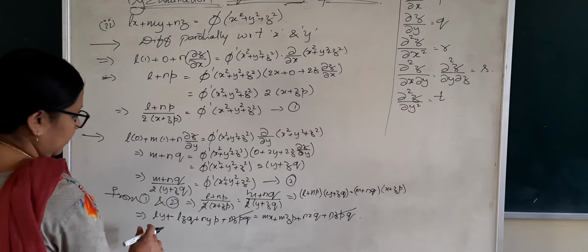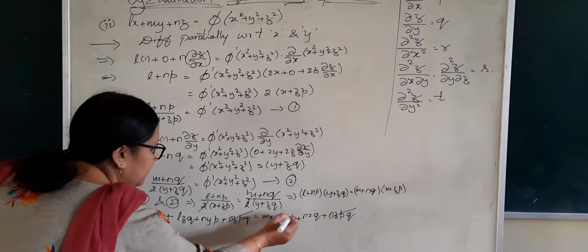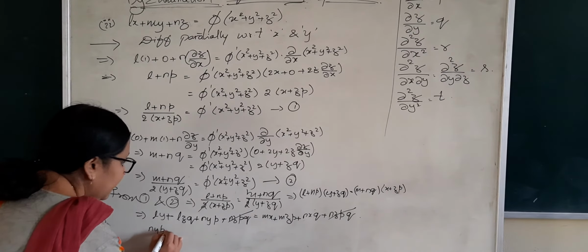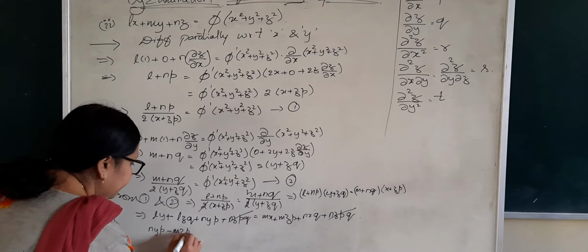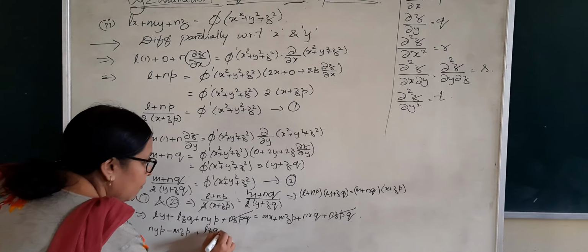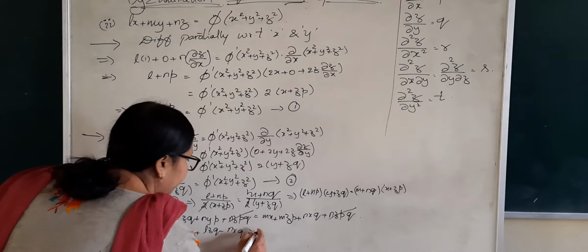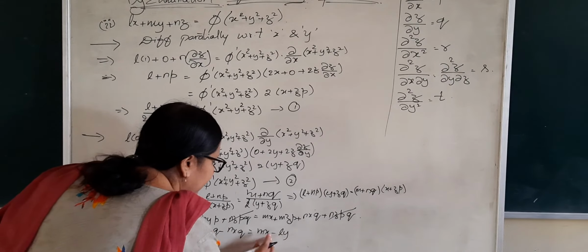So what are we going to get here? So we have here both the p terms, if you consider both these p and q terms, you can bring here. So we have nyp minus this p term is mzp plus q terms lzq minus nxq is equal to, what is left of here, mx, and there is an ly here which comes this side minus it.